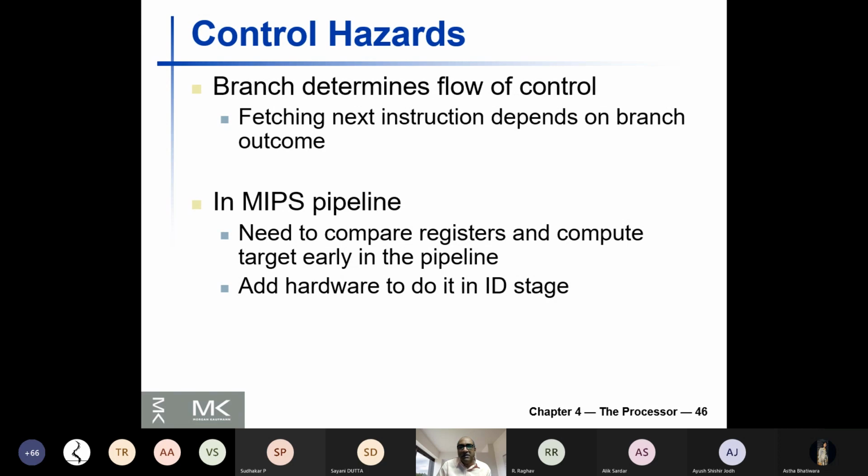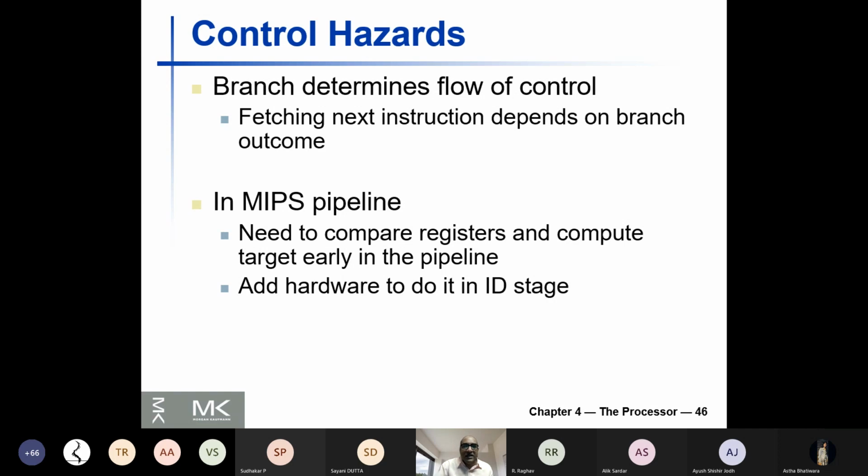Based on the branch result, you need to flush out only that particular instruction; we need not execute or forward it. In its place, the correct instruction has to be fetched if the branch is taken, meaning the condition is true. Otherwise, the instruction can continue.